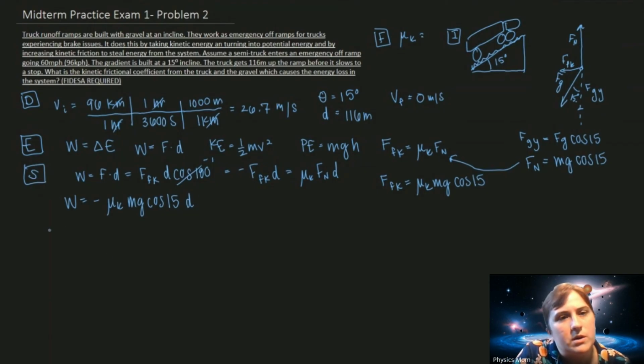The other work equation is going to come from the fact that the energy changes, and that's always represented as final minus initial. The energy is going to be a combination of gravitational potential plus kinetic. But we're going to talk about that a little bit conceptually.